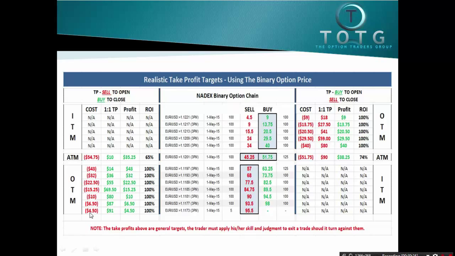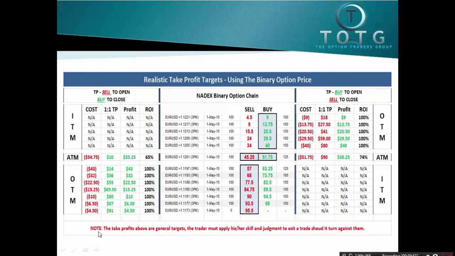So if you're spending $4.50, you're looking to make $4.50. So how do you come up with the take profit on that? It's the $4.50 right there. Take it off of there, $91. There you go. So that's how you can set reasonable or realistic take profit targets.